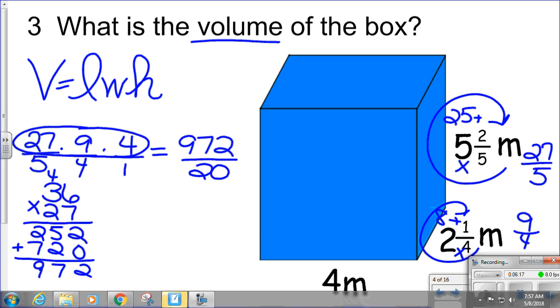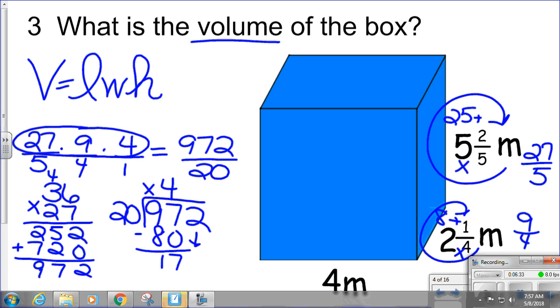Do you think I want it left like that? No, you should simplify. 20 goes into 97 4 times, giving you 80. 20 goes into 172 8 times.